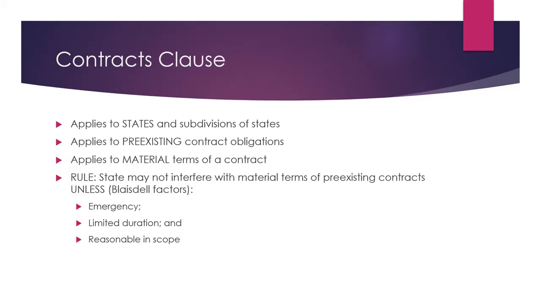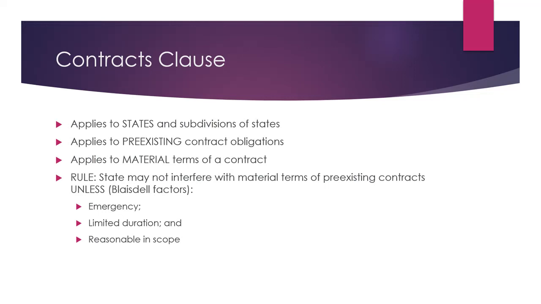So you need a state, and obviously that includes subdivisions of states, right? So if you're a county or a city, municipality, same rules apply, public school district, etc. So the contracts clause only applies to states. You can think of this as elements, right? You need to have a state. If there's not a state or subdivision of a state in the fact pattern, there's no contracts clause violation.